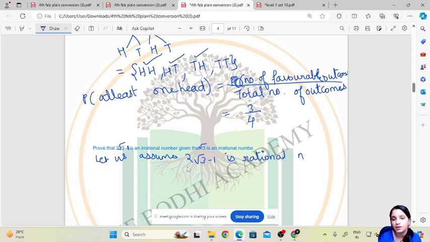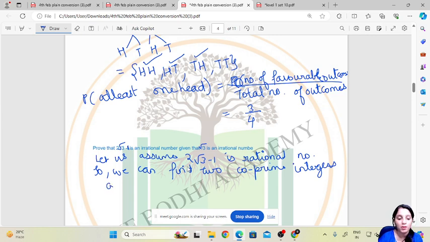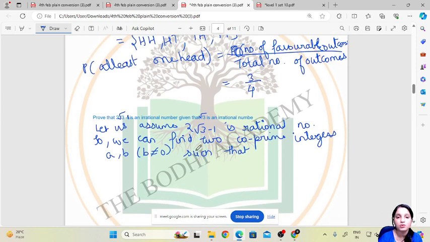Then we can find two co-prime integers a, b, where b is not equal to 0, such that 2 root 3 minus 1 is equal to a upon b.